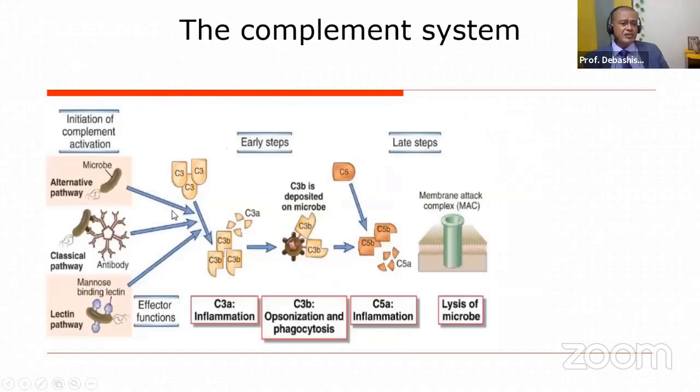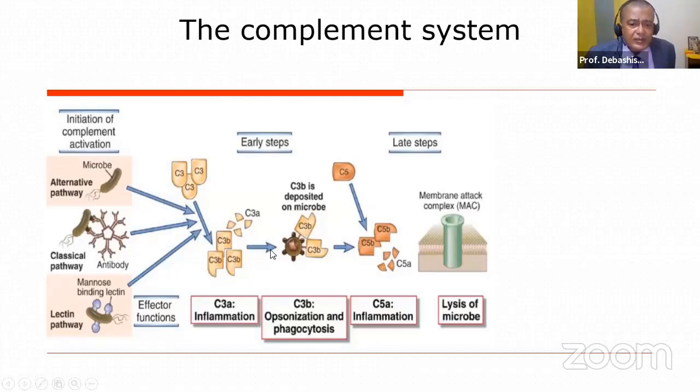In the complement system we classically have three pathways: alternate pathway, classic pathway and lectin binding pathway. All of them act on C3, getting converted into C3b and C3a, and C3a is inflammatogenic and produces inflammation.